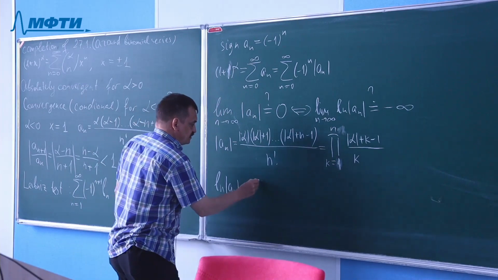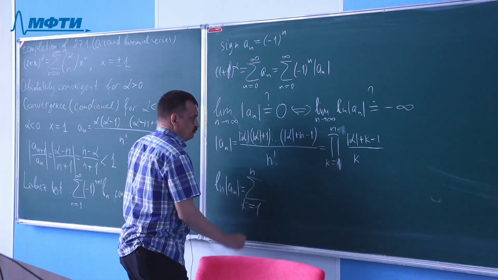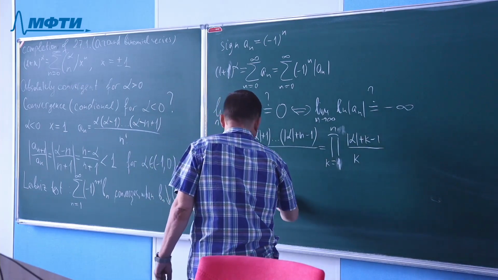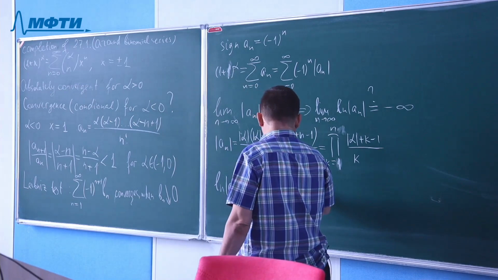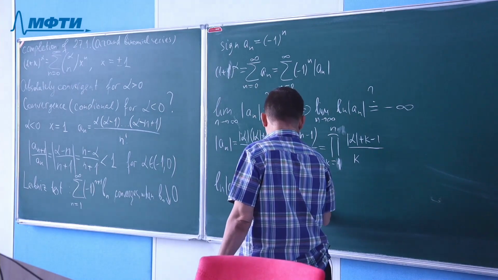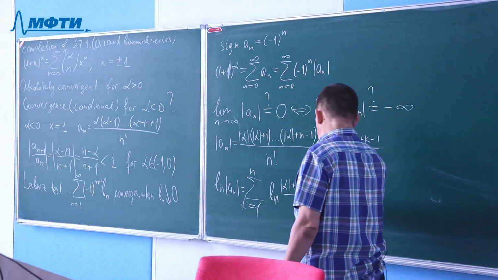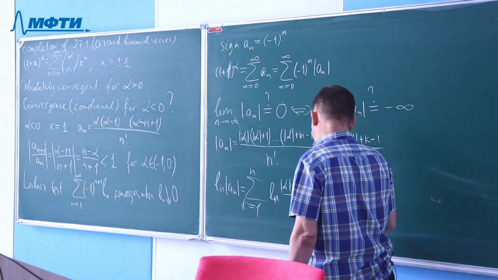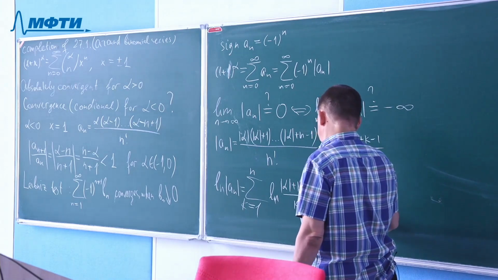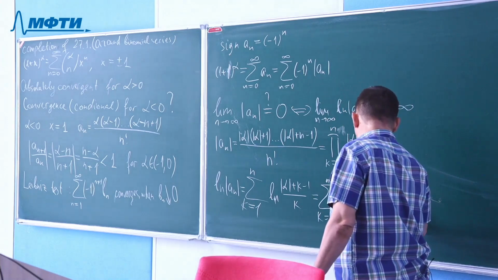That is the sum from 1 up to n of logarithms of modulus alpha plus k minus 1 over k, or I can rewrite it as the sum for k from 1 up to n of logarithm of 1 plus modulus alpha minus 1 over k.